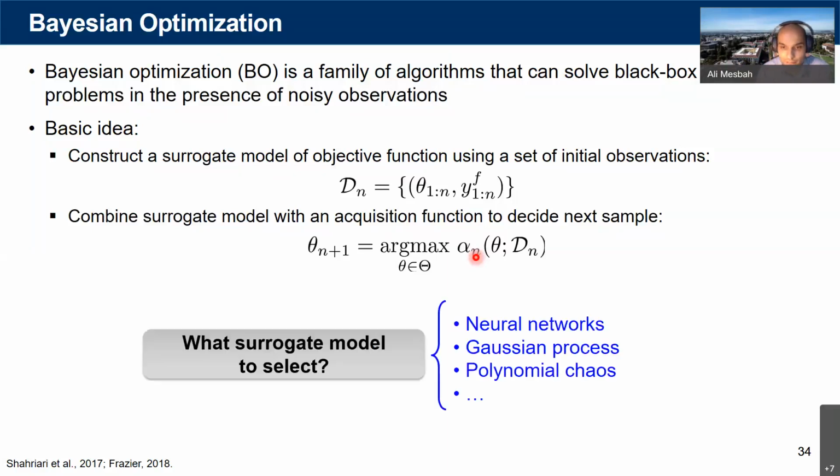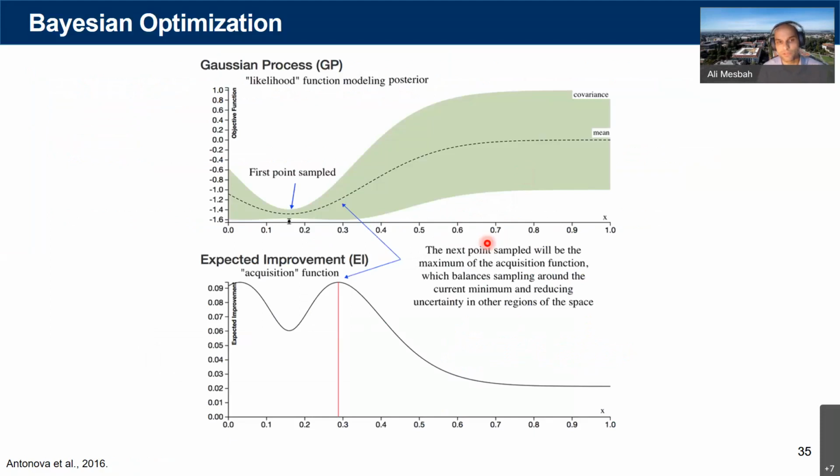There are many choices for surrogate models that can be used to learn these objective functions or constraints. Here, since we've already covered Gaussian processes, I'm going to stick with Gaussian processes. And the basic idea of BO is as follows. Here you see the objective function. Again, this is the surrogate, a GP representation of the objective function, the surrogate model that we have learned. What you can see, obviously, is the mean and the confidence intervals.